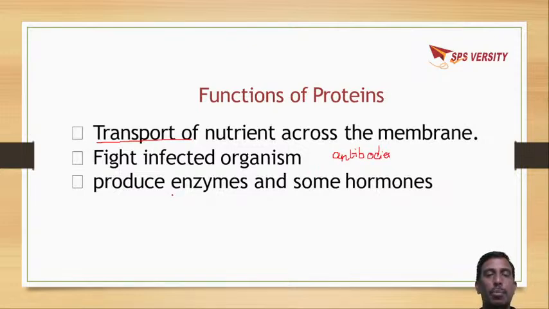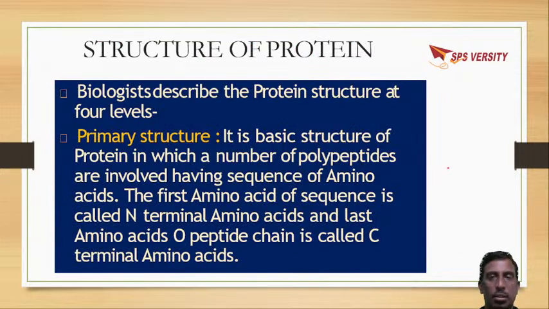Enzymes are made up of proteins. There are many enzymes. There are some proteinaceous hormones also which are made up of proteins. Okay. So they play an important role in different things like transport, protection from infection, and defense mechanism.